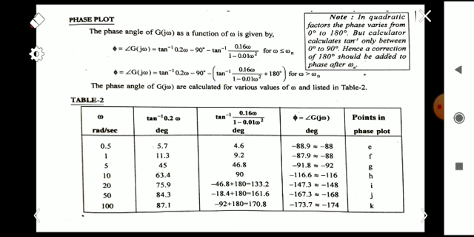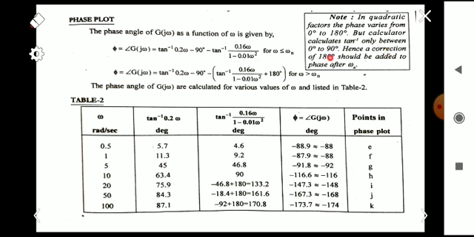That is, the phase angle corresponding to the second order term is this one, and we add plus 180 to that term for frequencies greater than omega n, that is greater than 10 radian per second. The reason is that the second order term is a quadratic factor. In quadratic factors the phase varies from 0 to 180 degree, but a scientific calculator calculates tan inverse only between 0 and 90 degree.